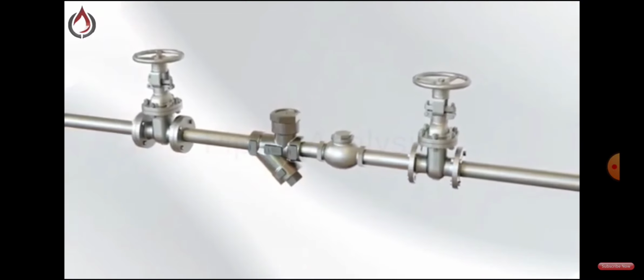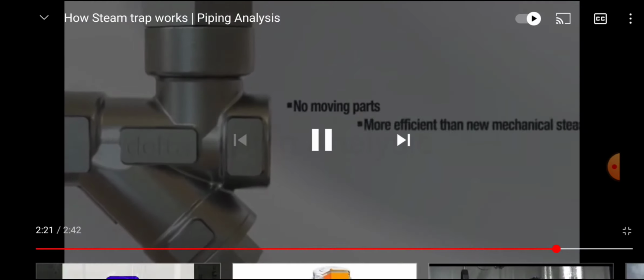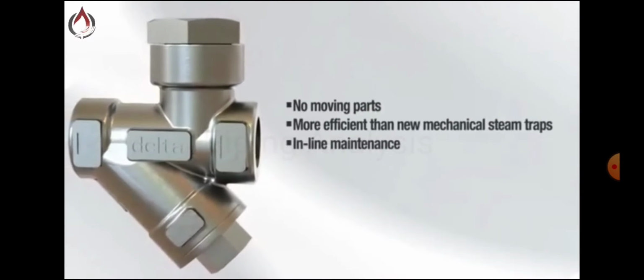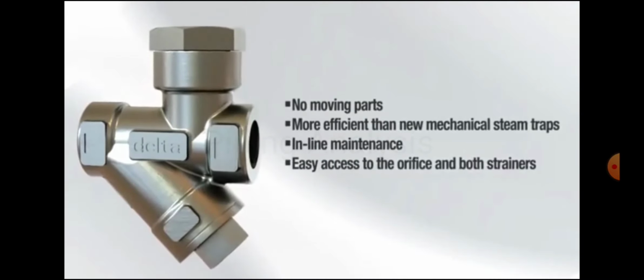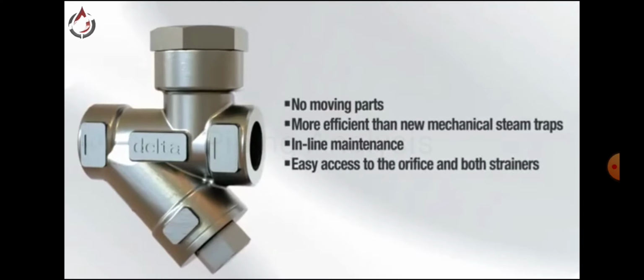In summary, Delta venturi orifice steam traps are designed to outperform all conventional steam traps through their unique venturi design with no moving parts at all. Once installed, the Delta venturi orifice steam trap will outlast and outperform any other mechanical steam trap in the same application.